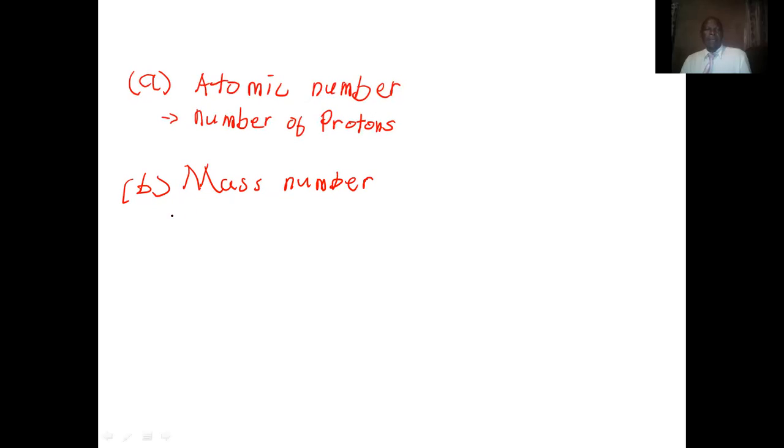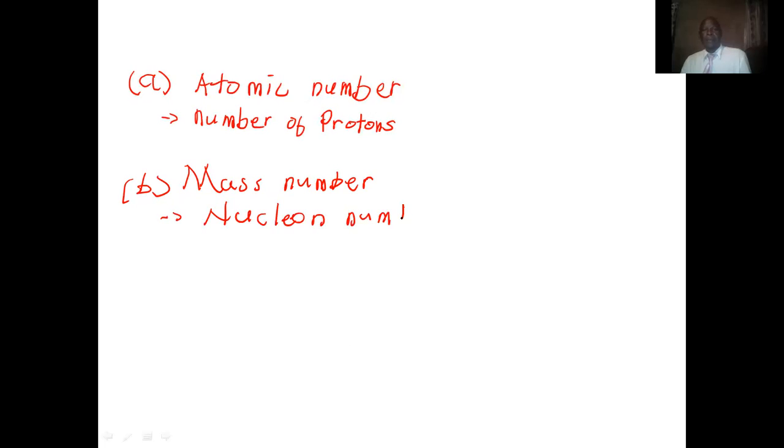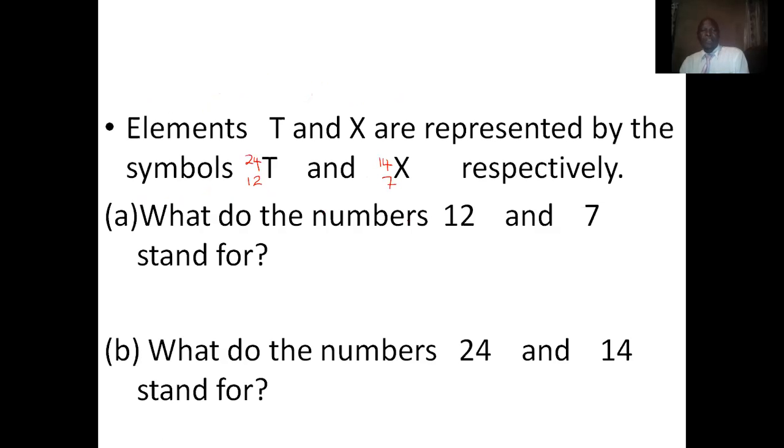It's the mass number, or it can also be known as the nucleon number. So the nucleon number is the same as the mass number of the element. So we have really solved part A and B.